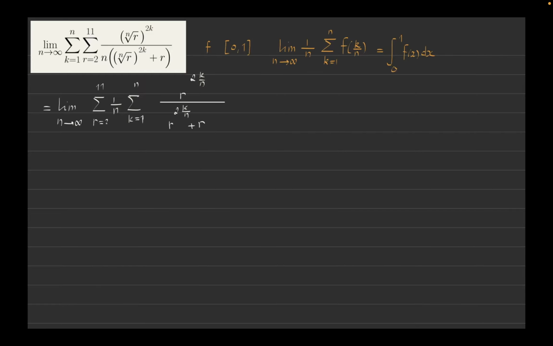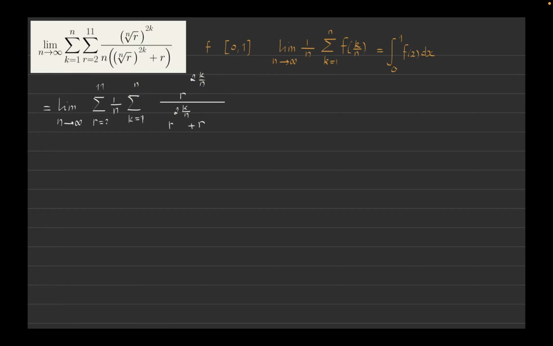Yes? But now look, if I can calculate this limit of this sequence as n approaches infinity, and I'm lucky and this limit exists for any choice of r between 2 and 11, then this sum doesn't impose any problems, yes, because I can just add up the limits.